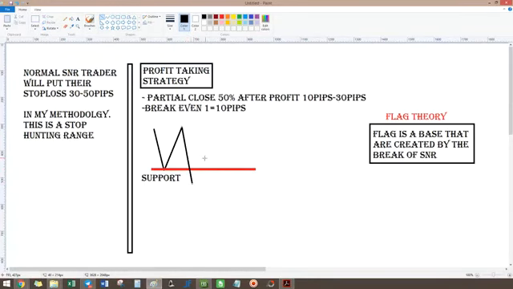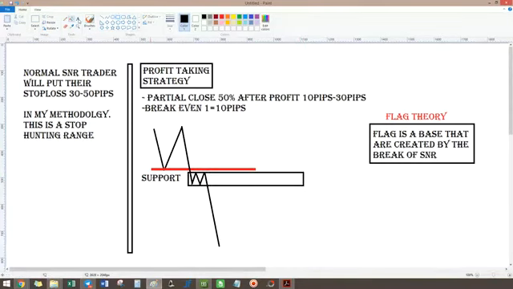So it breaks your support level. After it breaks, it will create a base, a drop base drop, supply zone, when it decides to go further down. So on this break, we'll create a flat. That's how a flat is created.